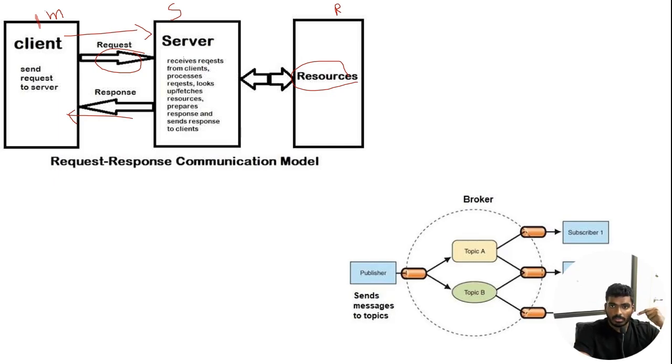And coming to the publish-subscribe model, one device, this is the publisher, sends data to the broker. This is called the broker, and the other devices are called subscriber 1 and subscriber 2. Let us consider a weather station, which is the publisher, that publishes its updates.